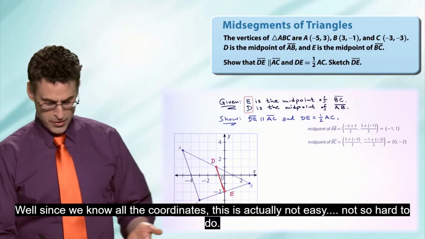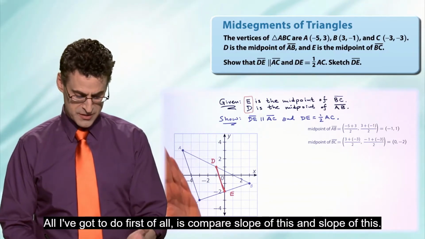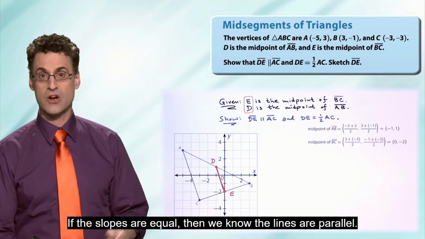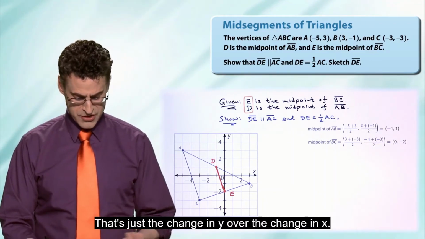Since we know all the coordinates, this is actually not so hard to do. All I've got to do, first of all, is compare the slope of this and the slope of this. If the slopes are equal, then we know the lines are parallel. And finding slopes is easy. That's just the change in y over the change in x.